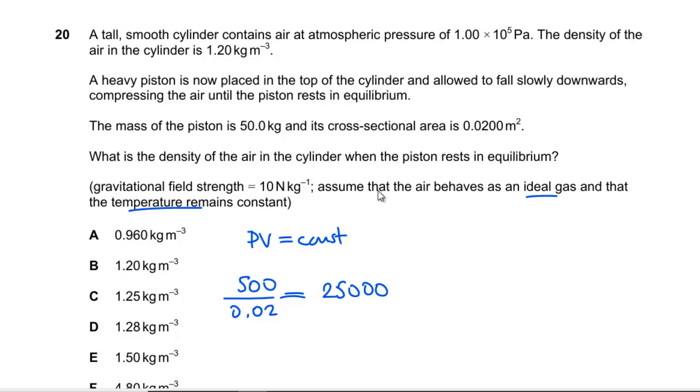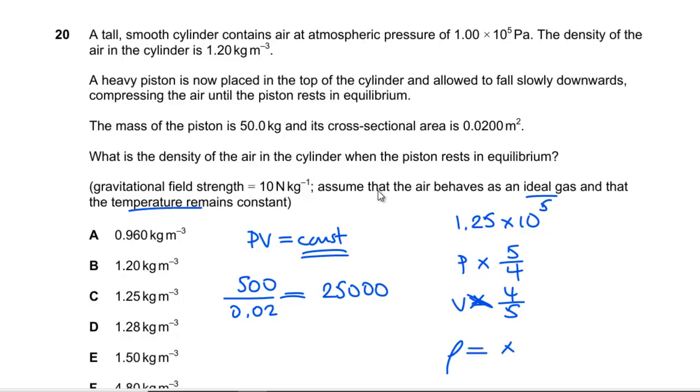So our new pressure then is 1 1/4 times 10 to the 5. That's the new pressure. So P is now times 5 over 4, which means our V is going to be times 4 over 5 to keep this a constant, which means our density, mass over volume, is going to be times 5 over 4. So we want to add on 1/4 of this, so 1.5, which is E.